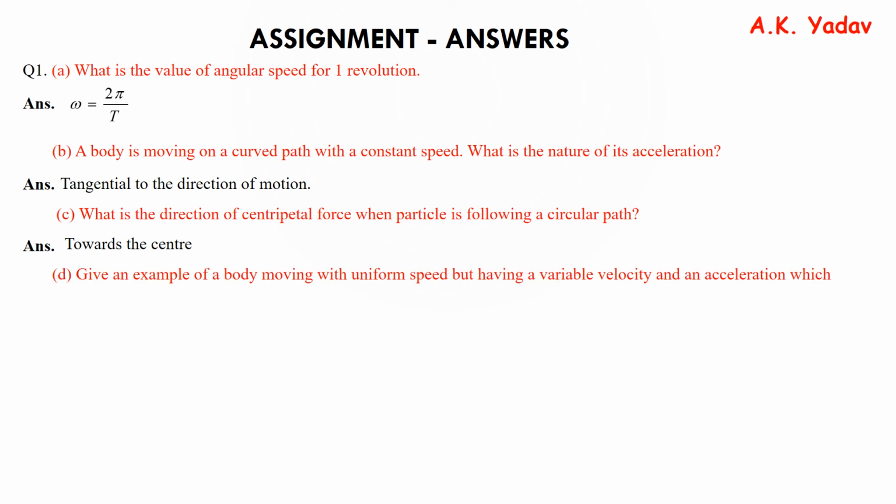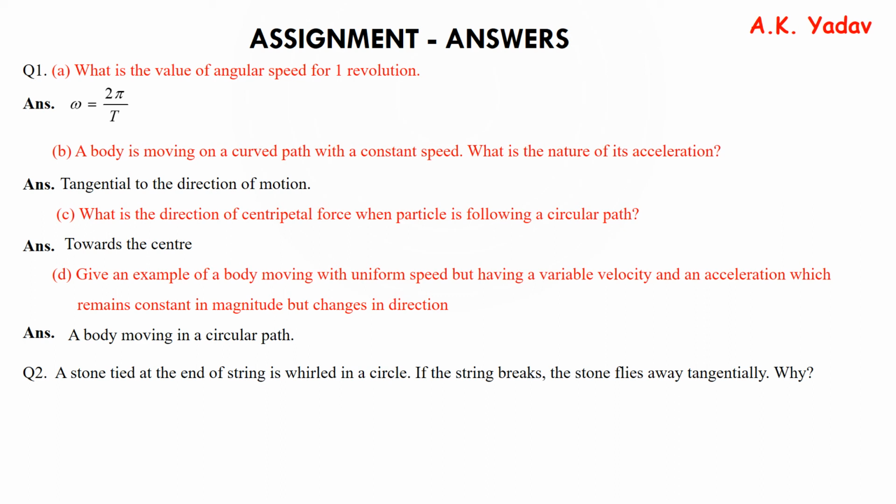Give an example of a body moving with uniform speed but having a variable velocity and acceleration which remains constant in magnitude but changes in direction. The answer is a body moving in a circular path. A stone tied at the end of a string is whirled in a circle. If the string breaks, the stone flies away tangentially.